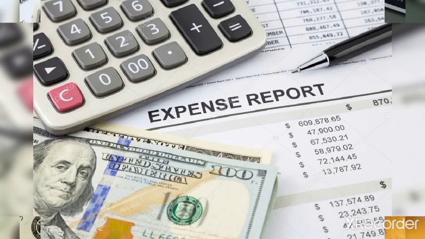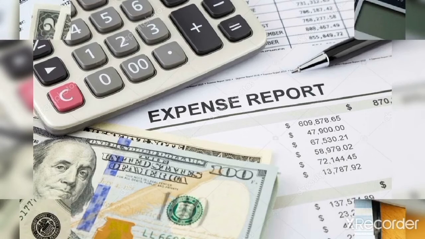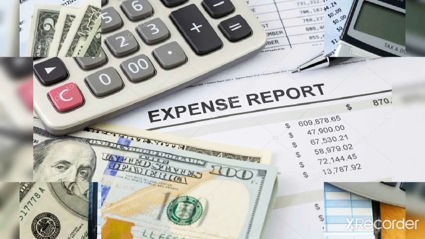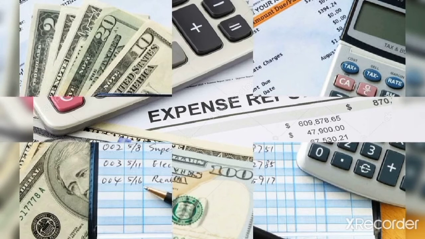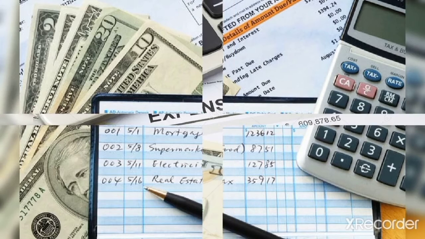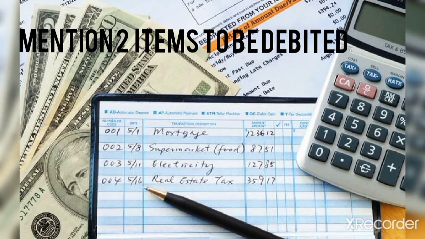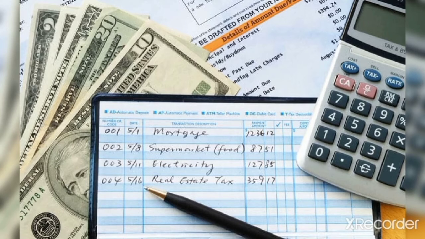And on the other side of the profit and loss account, there is what is called the credit. Here on the credit side of the account, we normally credit all incomes or revenues.